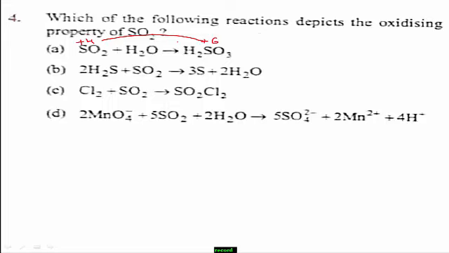Another one is H2S, the second reaction. In H2S the sulfur is -2, and in SO2 it is +4. Observe the oxidation state of sulfur: here they have given 3S, the elemental form 0, so S changes from -2 to 0, which means oxidation takes place. Here the oxidizing property is shown.